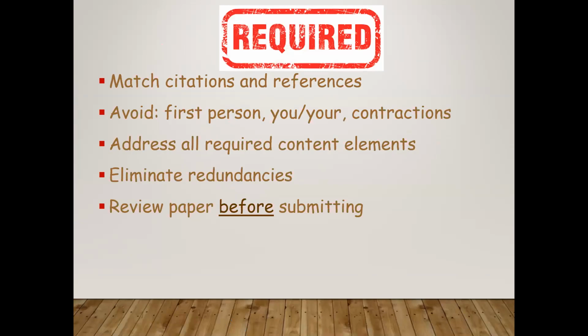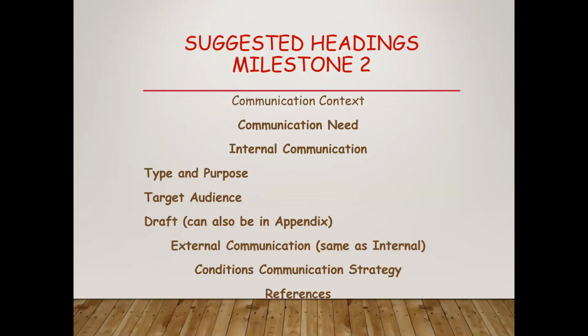Make sure you address all the content requirements. Eliminate redundancies and review your paper before submitting it. As I've said to you before, read it aloud. These were the suggested headings for the Milestone 2 paper: communication context, communication need, internal communication. All of those are main centered headings. It was then suggested that you use type and purpose, target audience, and draft as your subheadings or level 2 headings.